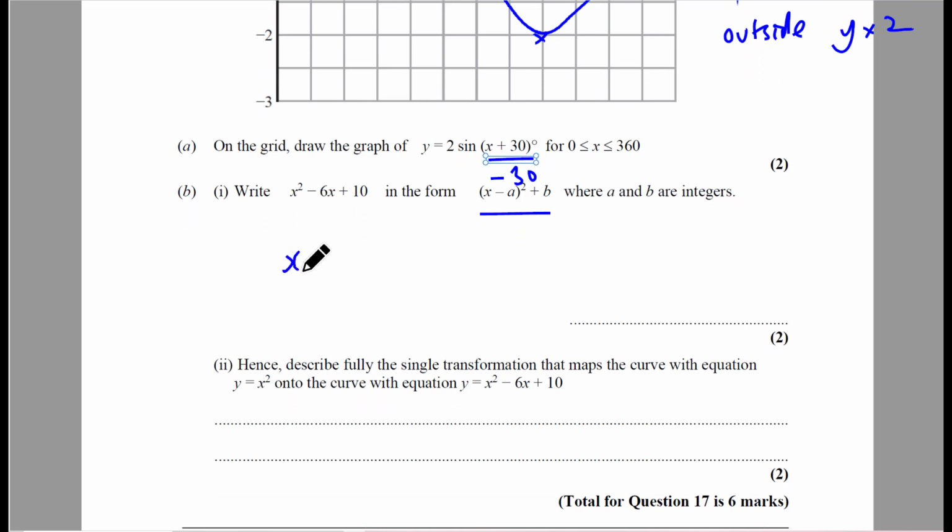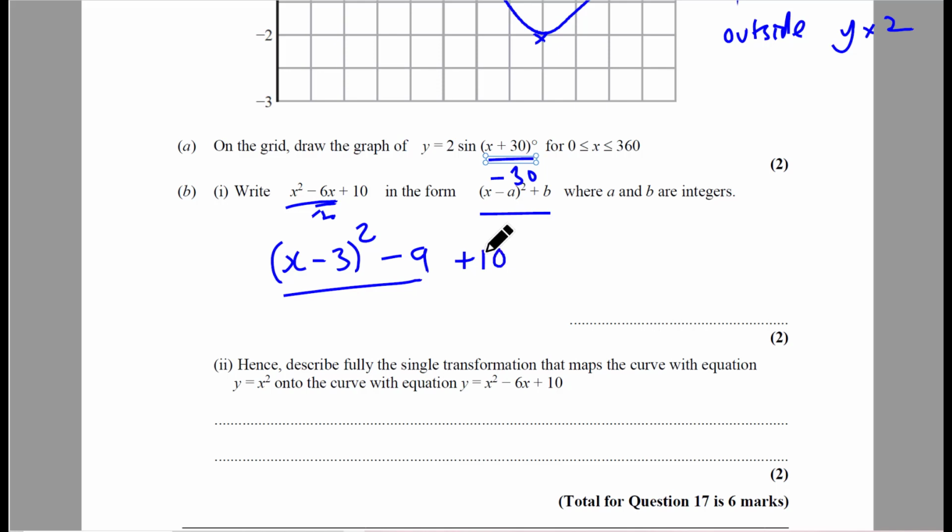So we've got x, we minus 3, squared, because we halved this, remember? Completing the square. Now, minus 3 squared is going to give us 9, so we've got a minus 9 on the outside, so that we know this part is going to equal this part when we expand it.